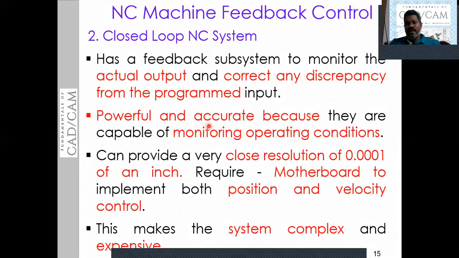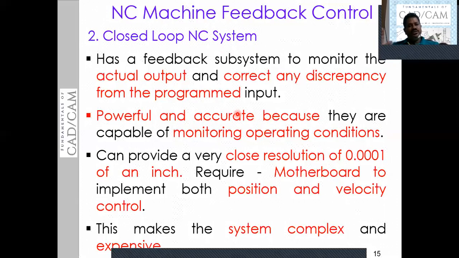This is powerful and accurate because it is capable of monitoring all the operating conditions, like, as I said, humidity, temperature, and the load, which also affect the movements of the tool as well as the movements of the table. Definitely, temperature, humidity, and the working load affect the accuracy.